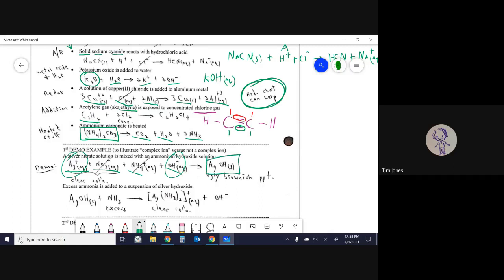Then, if I add more ammonium hydroxide, the AgOH precipitate that I had up here, the hydroxide gets pushed off and the extra ammonia becomes a ligand, and I doubled the ligands because it's Ag+1. So I did 2 ammonia ligands forming this complex ion. And here's the hydroxide that got pushed off.